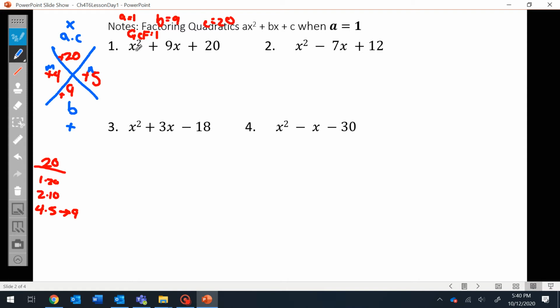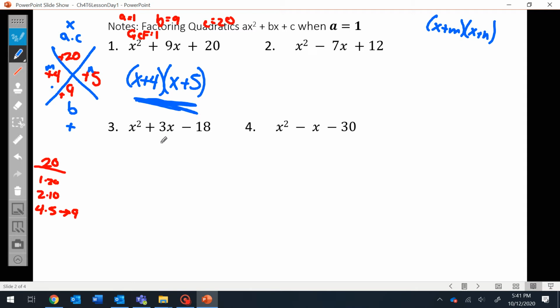When a is 1, like it is in problem 1, I can just have my two factors, x plus m and x plus n. So my first factor for number 1 would be x plus 4, and my second factor would be x plus 5.